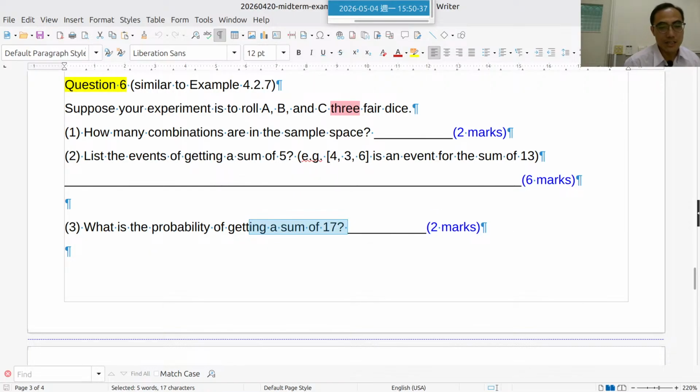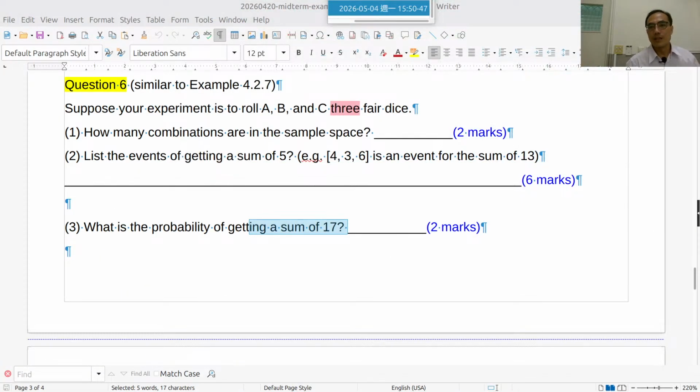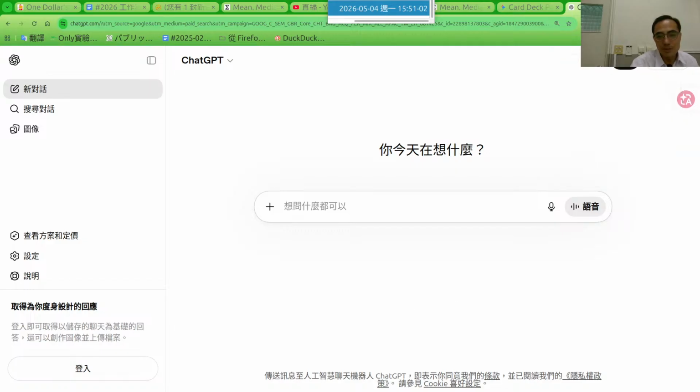This time I can use ChatGPT. Okay, I use ChatGPT to answer this question.